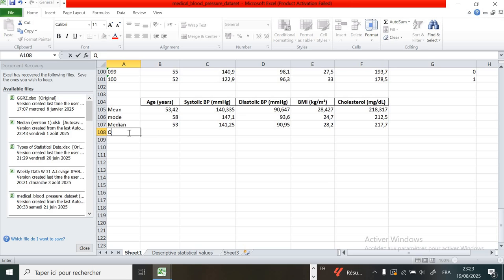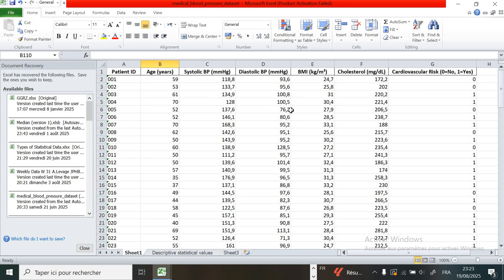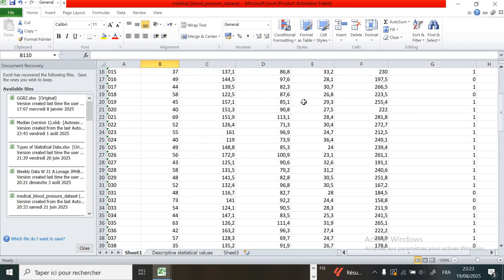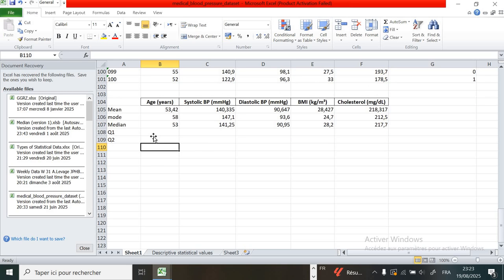We look for Q1 and Q2. We have the factors contributing to cardiovascular risk: age, systolic, diastolic, BMI, and cholesterol levels.